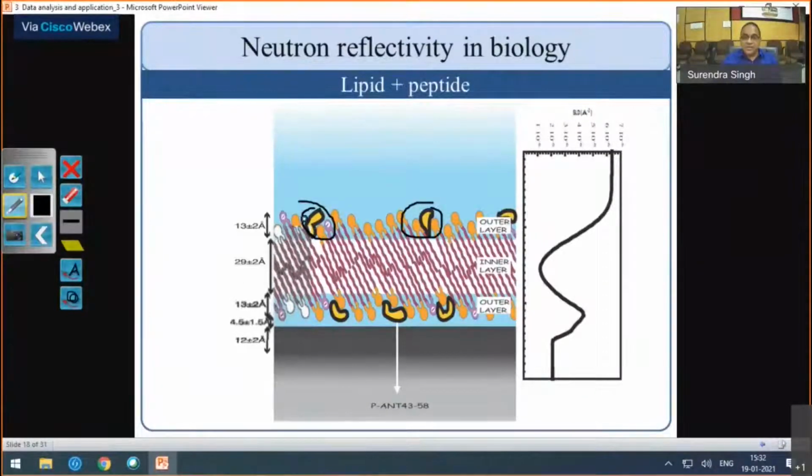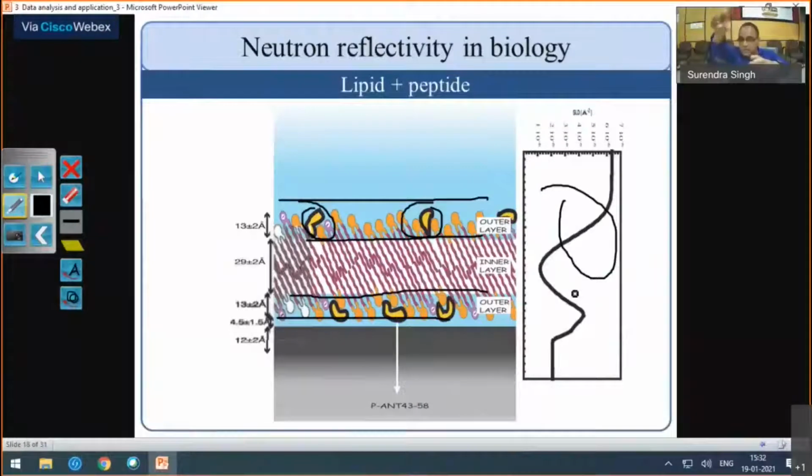And there is an increase in roughness in this direction, because you can see they have shown very schematically how it is changing. Also, because of the peptides, there is an increase in interface roughness here also. So that reflects over here. The roughness increases means the density variation becomes wider in length scale.